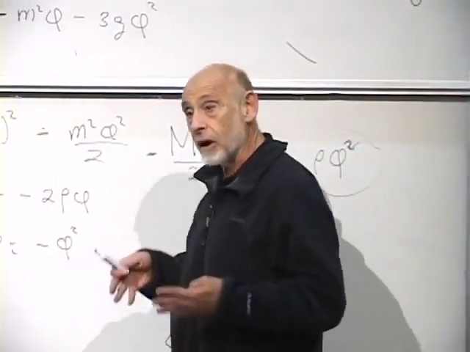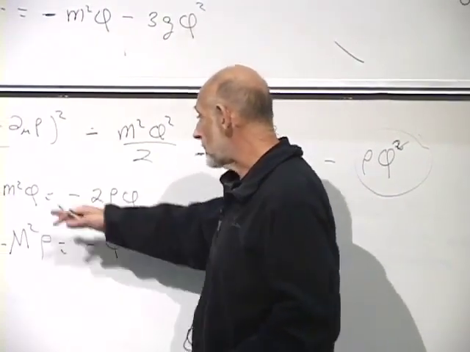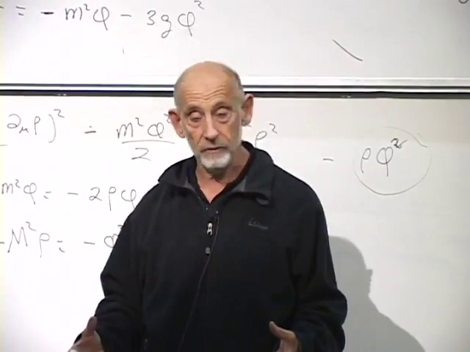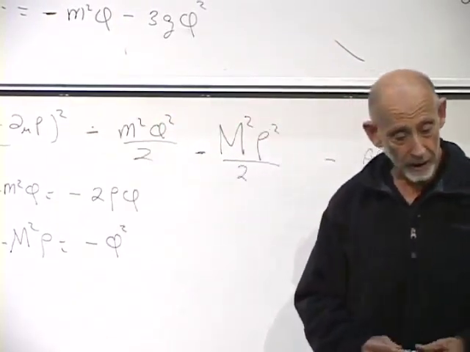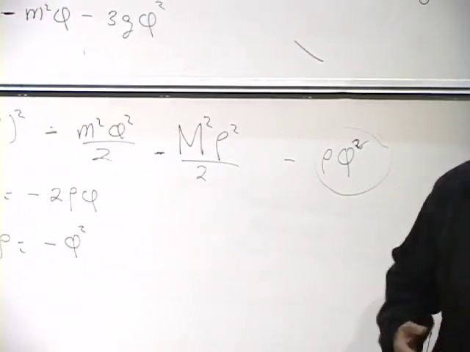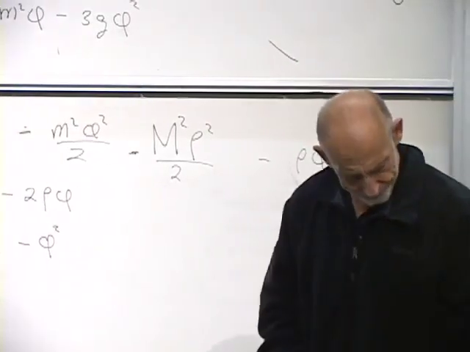They're nonlinear and coupled. That means that a wave packet of phi will scatter a wave packet of rho, and a wave packet of rho will scatter a wave packet of phi. They'll come together and do things, not just pass through each other. Okay? If this term is 0, they'll just pass through each other.